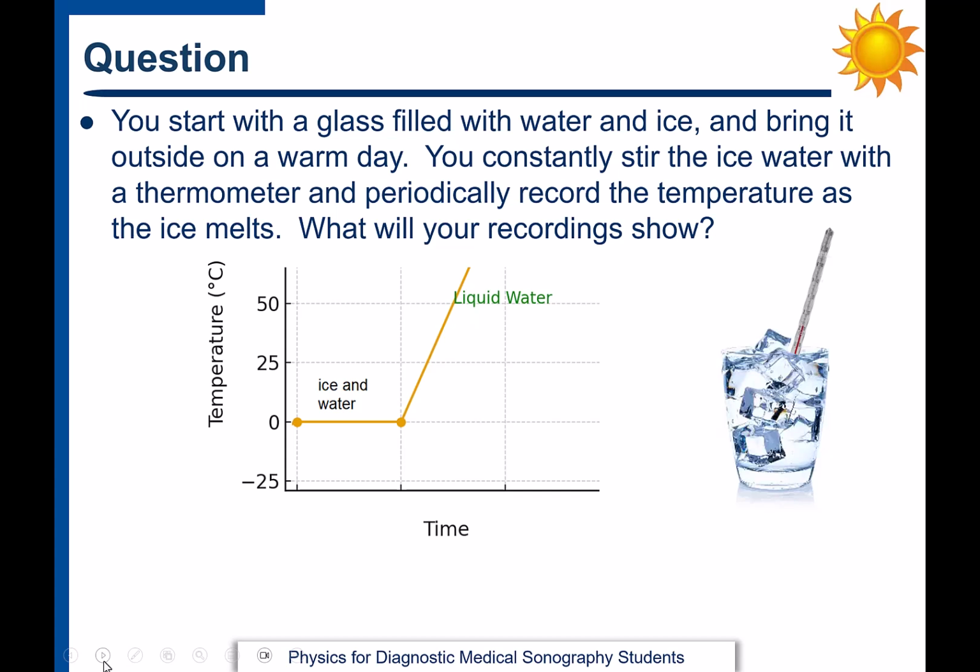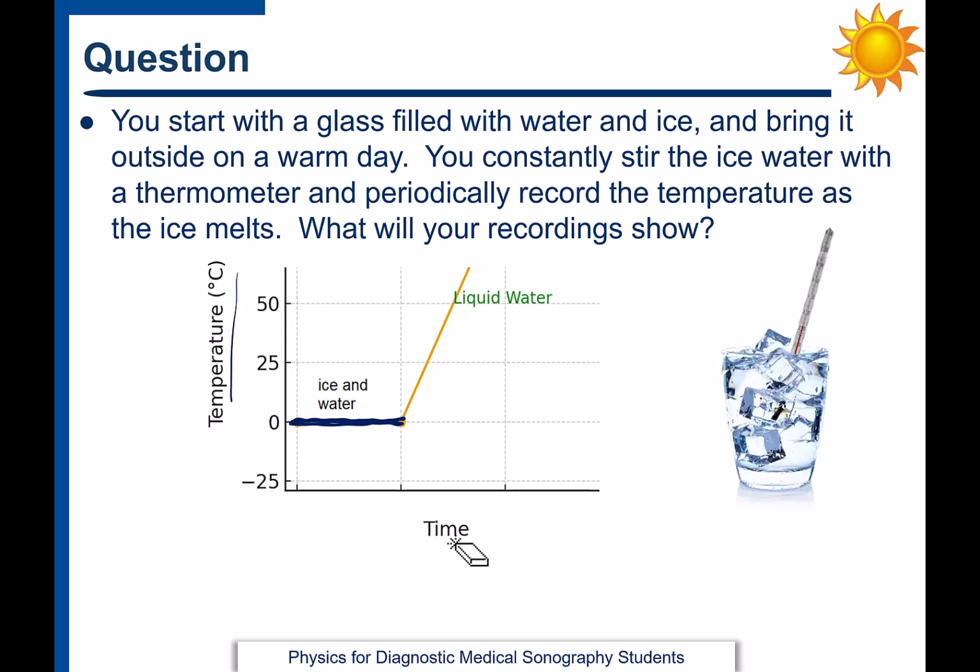Well, it turns out that what you'll see if you actually do this is that as long as there's any ice left in the water, the temperature remains at 0 degrees Celsius. So as time goes on, and you'll notice we're graphing temperature versus time, the temperature stays the same, and it only starts to increase from 0 once all of the ice is gone.